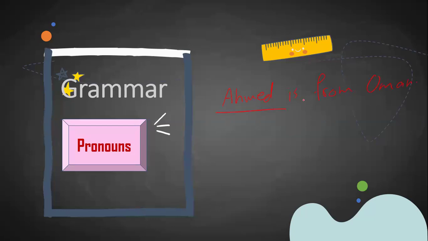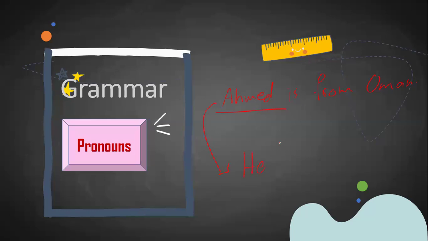Ahmed is a noun, and we may replace it using a pronoun. The pronoun that we have to use here is he. He is from Oman. So we can say he is from Oman instead of saying Ahmed is from Oman, because pronouns take the place of nouns.